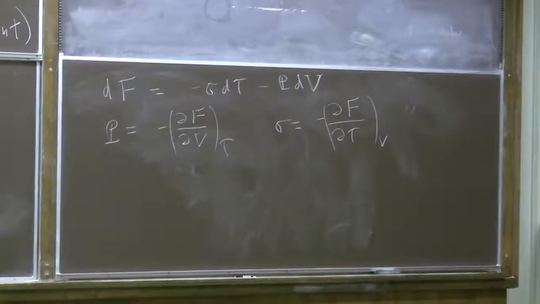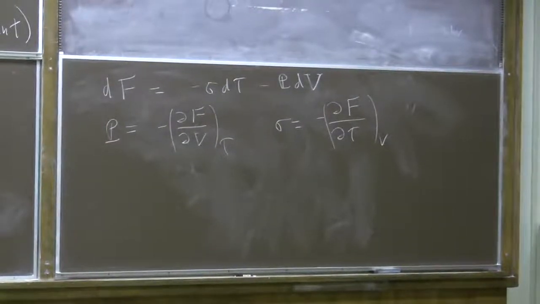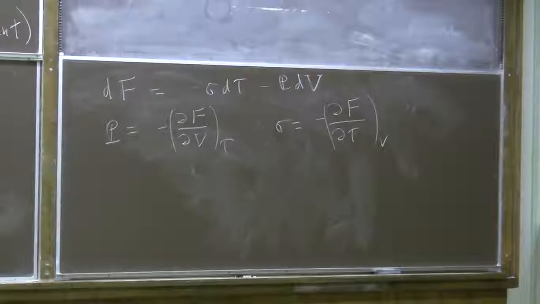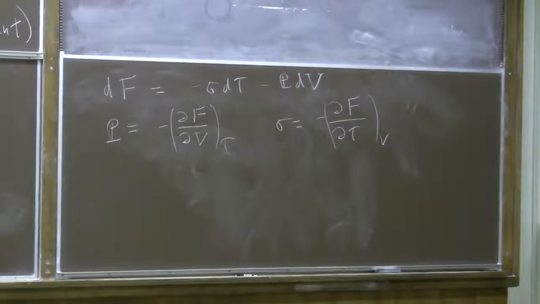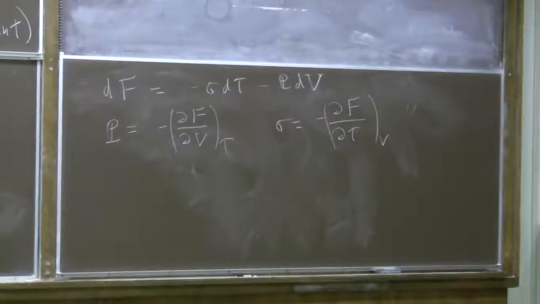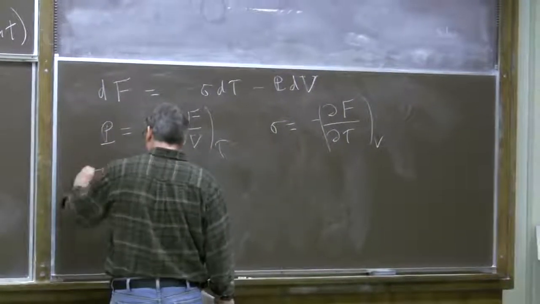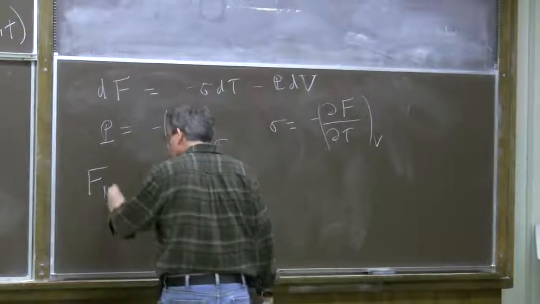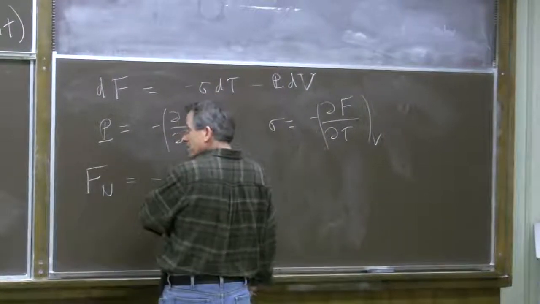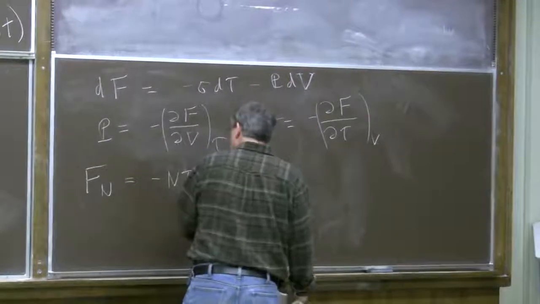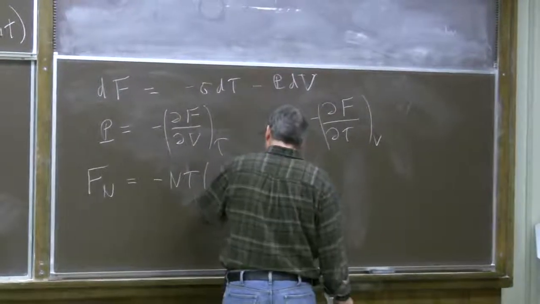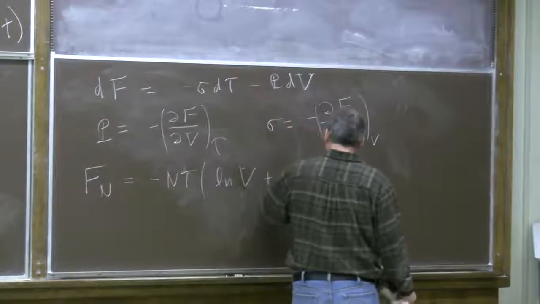So let's do pressure first. So we want to differentiate this with respect to volume with temperature fixed. Temperature fixed means we're fixing the quantum concentration. The free energy for the n-particle ideal gas I can write as minus n tau times the log of volume plus something that's independent of volume.